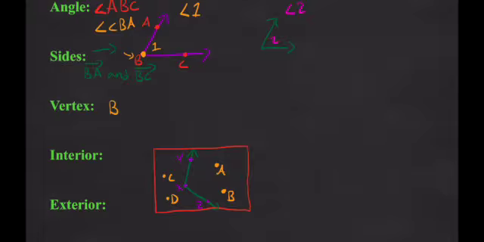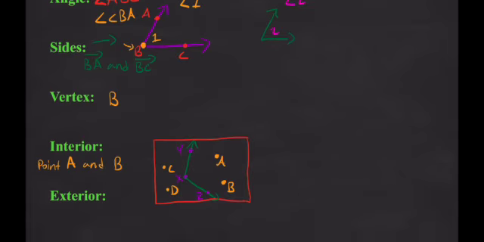So interior points, point A and B. Exterior points are going to be point C and D. Okay, so interior means it's inside the angle. Exterior means it's outside the angle.